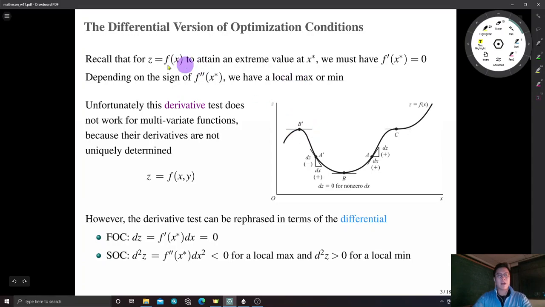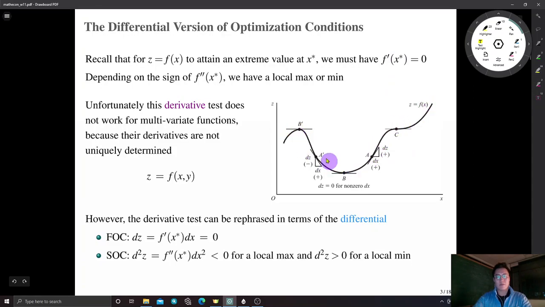So if we have a function depending on just one variable, given by z equals f of x, and if this function attains an extreme value at some point x star, we know this function must have zero derivative at that point. That was the first order condition, okay? That fact is illustrated by this graph.